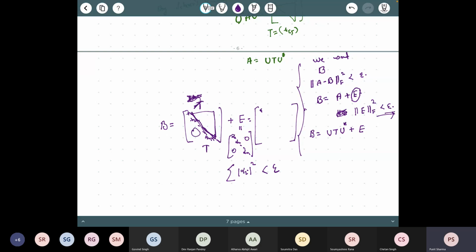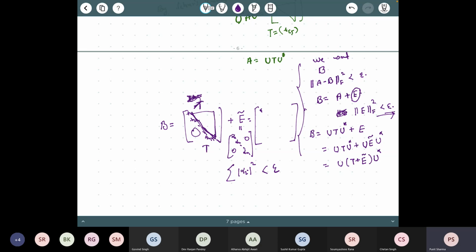Because then what you can do, you just write this as U T star U. Let me call this matrix E tilde. Then your E would be U E tilde U star, because then it is just T plus E tilde. Eigenvalues of B are nothing but eigenvalues of T plus E tilde, because they are unitarily similar. But eigenvalues of T plus E tilde are nothing but the diagonal entries, and they are all distinct.